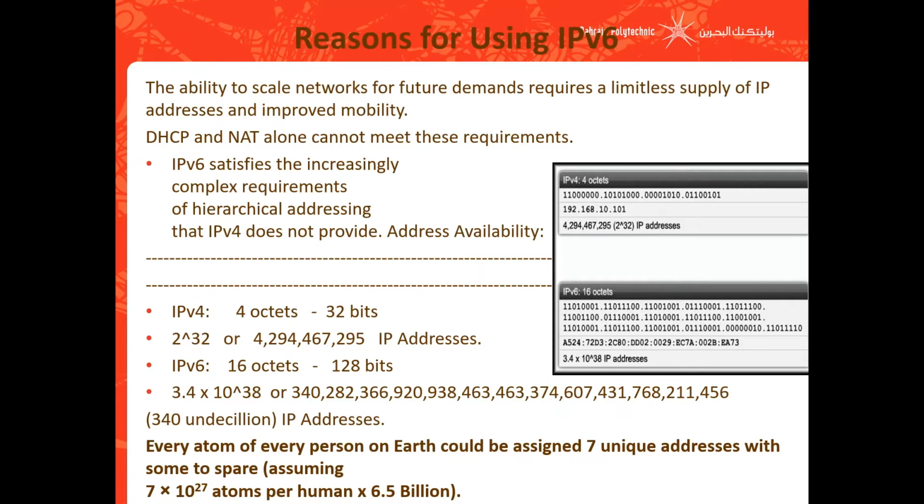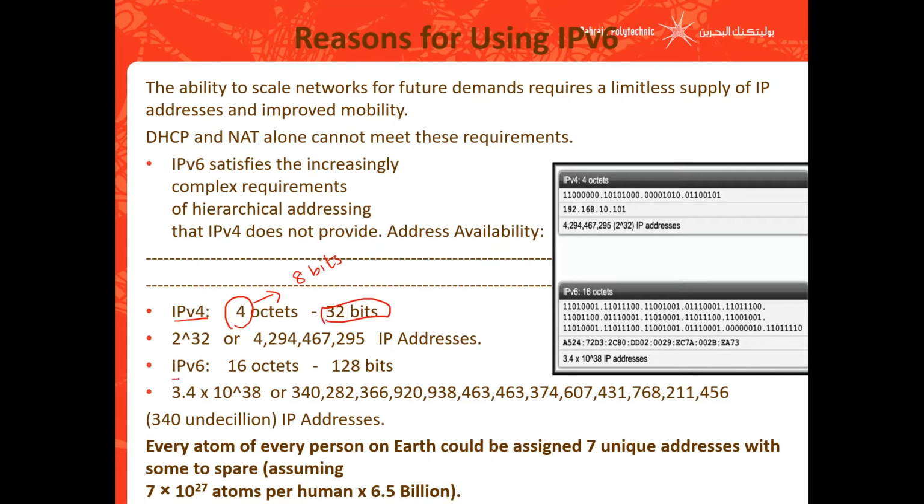But what is so fabulous about IPv6 that we have to say goodbye to IPv4? That's because we have more space in IPv6 addresses. So in an IPv4 address, if you remember, we had 4 octets, and each of those octets had 8 bits, right? So that made it 32 bits.